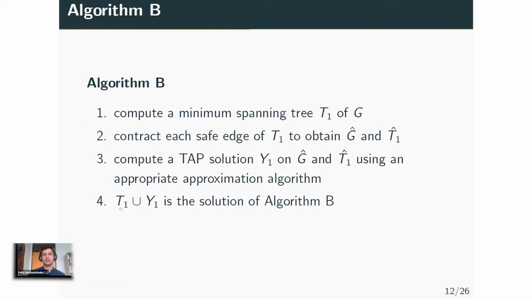Then we output the tree together with a solution for the tree augmentation problem. One can show that this is a 3-approximation algorithm. Since this algorithm is a bit more complicated, I will illustrate this with an example.